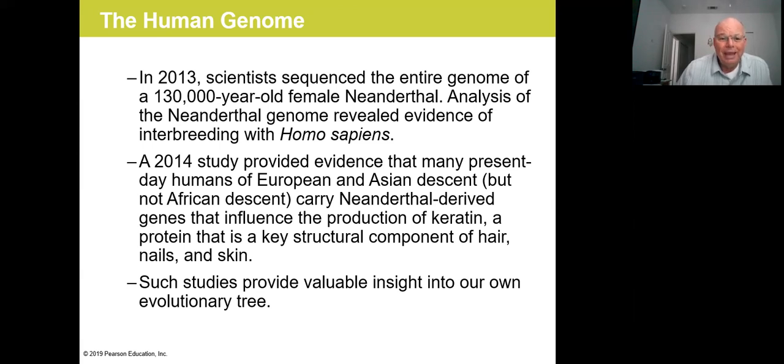Skin color, hair color, and things like that may be a product of some of the genes that we inherited from Neanderthals, and allowed us to adapt into environments where there was low levels of sun, and allowed us to absorb the ultraviolet radiation to produce the vitamin D that we need to maintain healthy bones in northern latitudes where there's low sunlight level, because Neanderthals were already adapted to that.